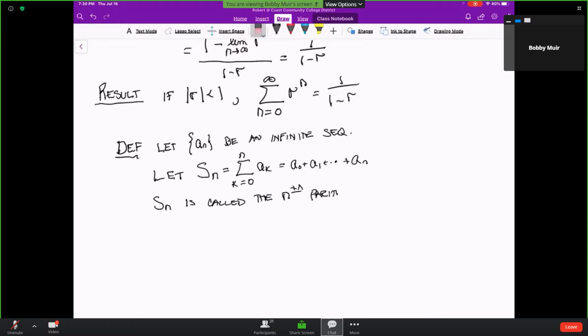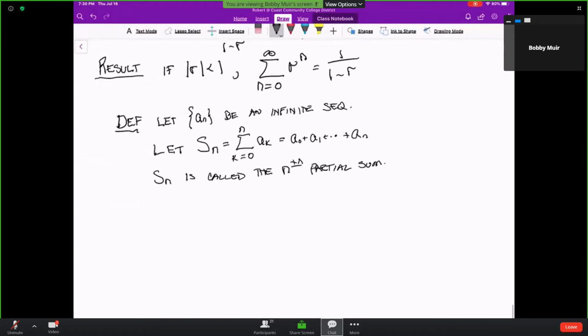Now, what we get here is a new sequence. This is the sequence of nth partial sums.